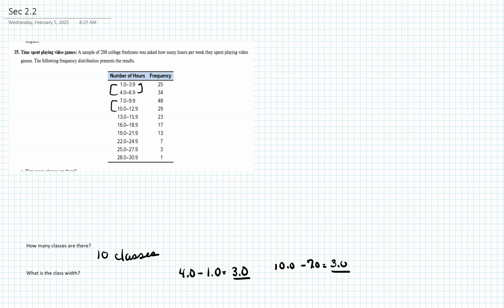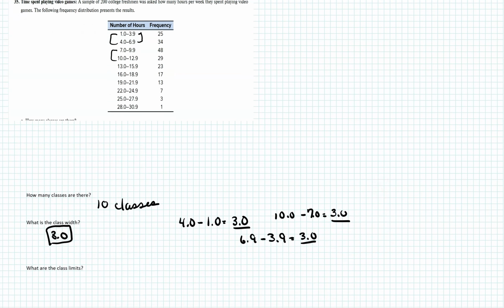Even if I did those two, 6.9 minus 3.9, I still get 3.0. So the class width is 3.0.